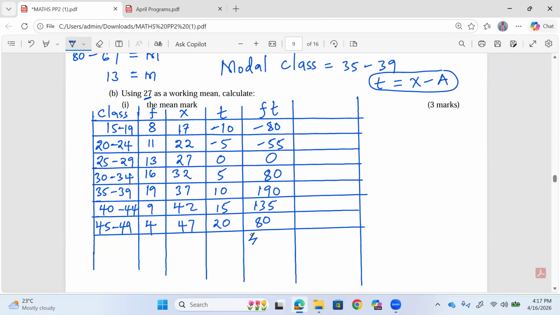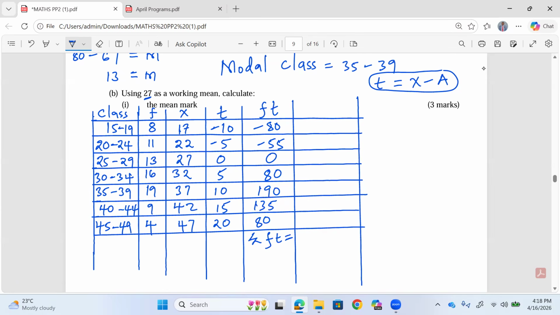So can we get the summation of ft? Negative 80 minus 55 plus 0 plus 80 plus 190. We add again 135. We add 80.